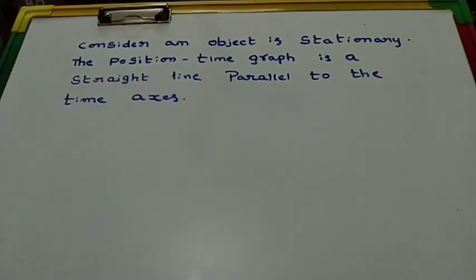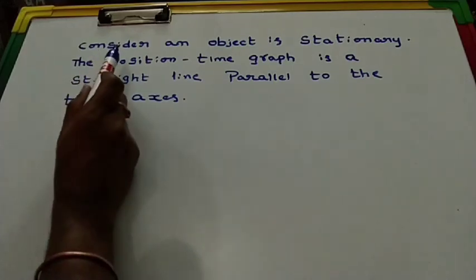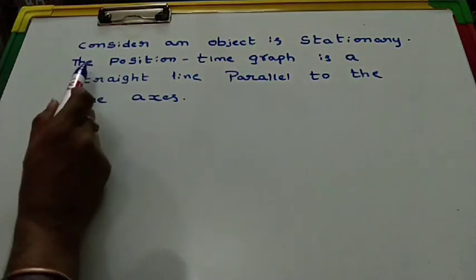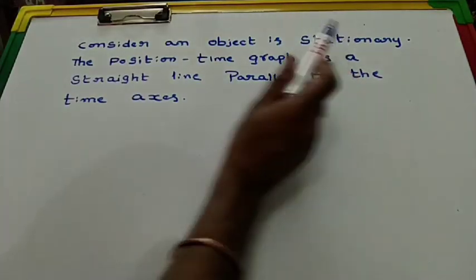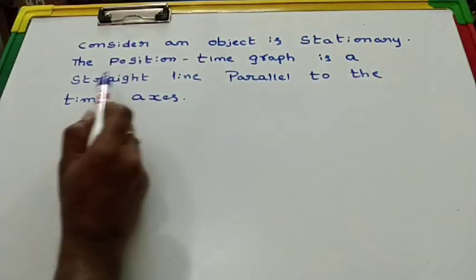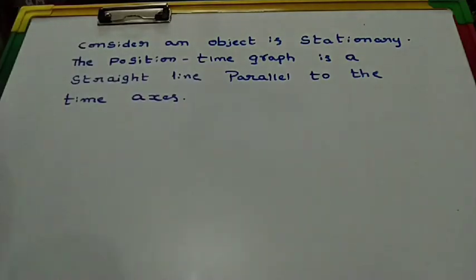Once again I am repeating the concept. From the diagram, what did we understand? We understood that if an object is stationary, the position time graph is a straight line parallel to the x-axis.